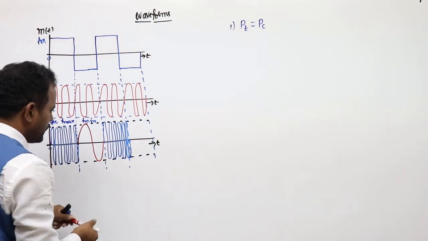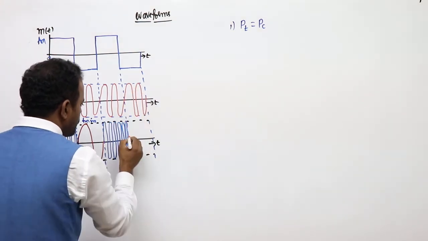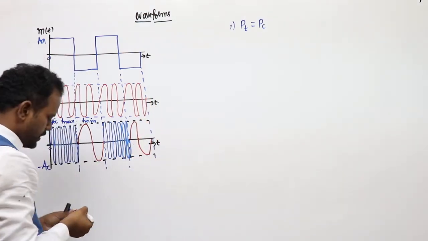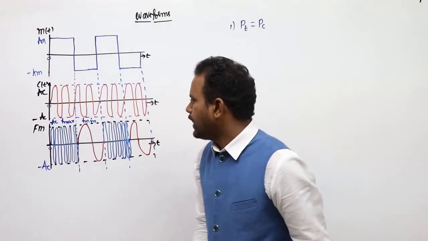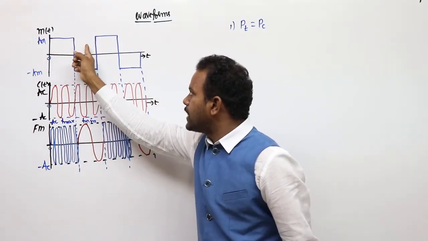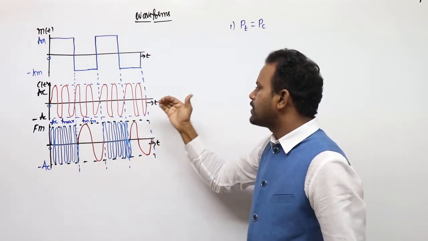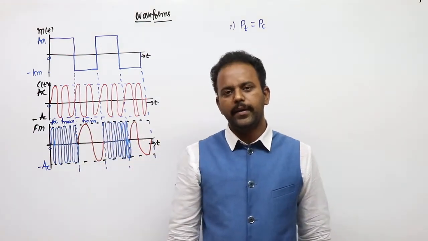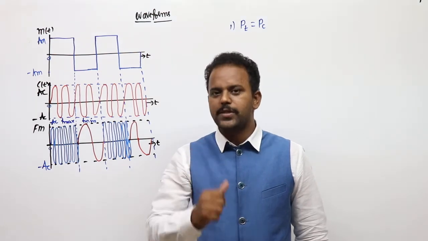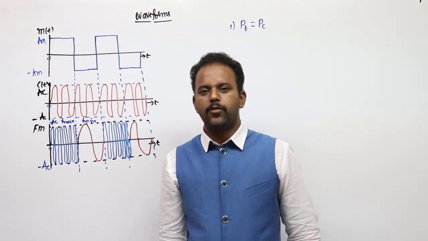Frequency is less when m of t is negative and less, so its frequency is also less. Like you can clearly understand, as the amplitude of a message varies, the frequency also varies. Understand my point or not? That is the FM signal. Now follow.